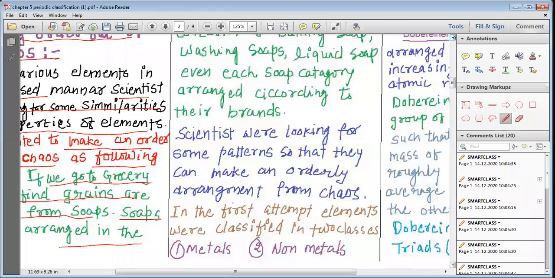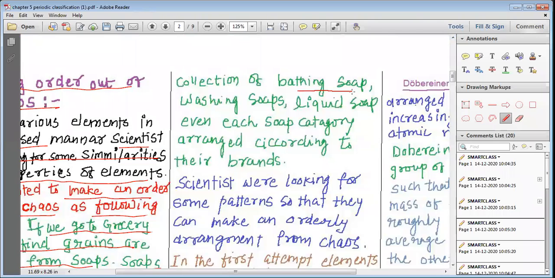Soaps are arranged in the collection of bathing soap, washing soap, liquid soap, and even each soap category is arranged according to their brands.